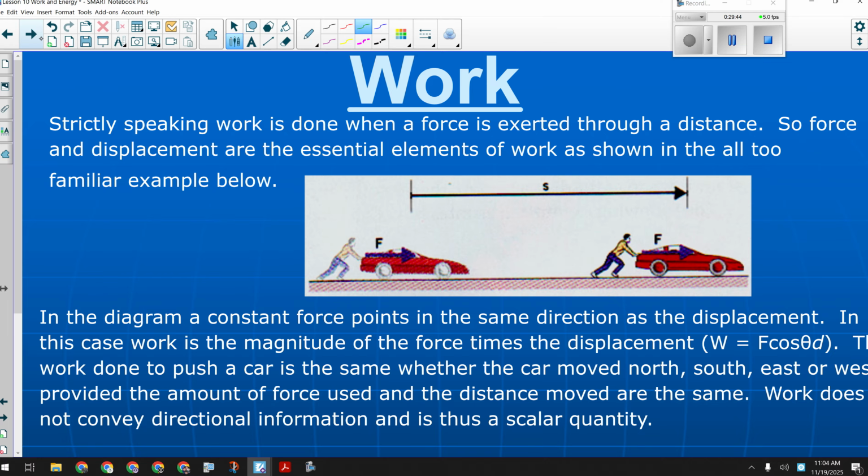I wouldn't just be changing its kinetic, I'd also be changing its potential, because, well, don't ever push a stalled car up a hill, because it could roll back over you. Because if you push it up a hill, you're giving it the potential to roll back down the hill. And that's, from a physics perspective, probably not wise. Now, what if I push it up the hill at a constant speed? Am I still doing work?